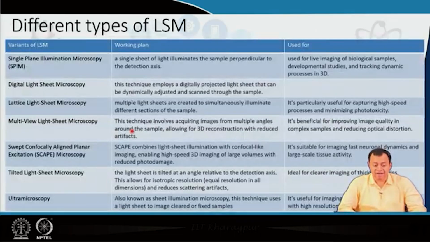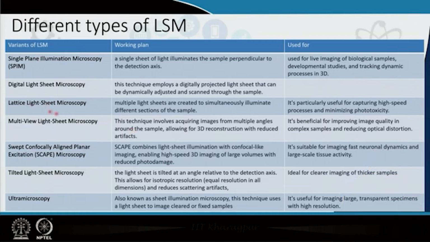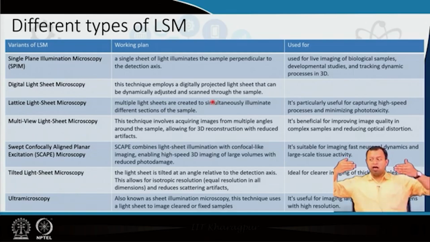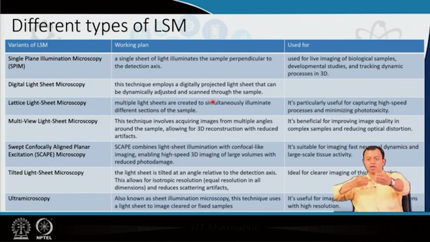So, there are different variants of LSM. We have single plane illumination microscopy, lattice sheet microscopy, lattice light sheet microscopy. This is something that I have used, where multiple light sheets are scattered. So, instead of having the illumination from here and detection from here, you have multiple illumination and multiple detection.